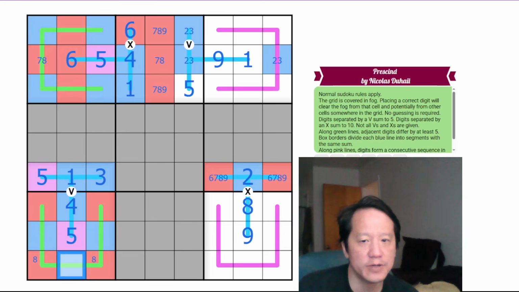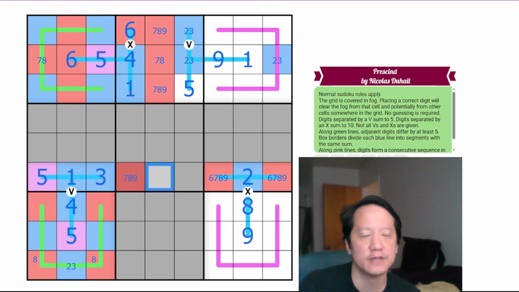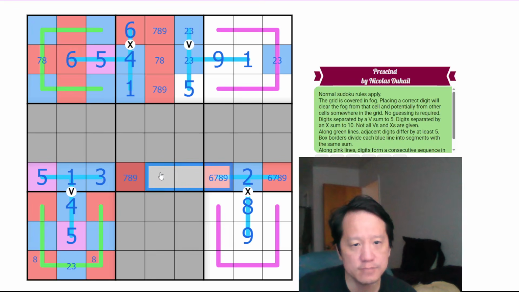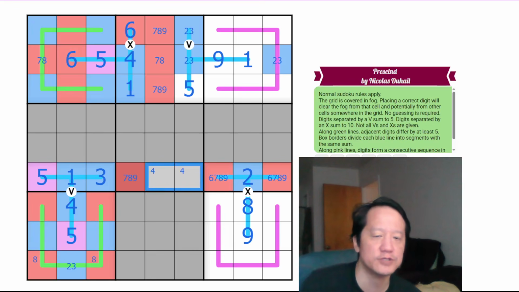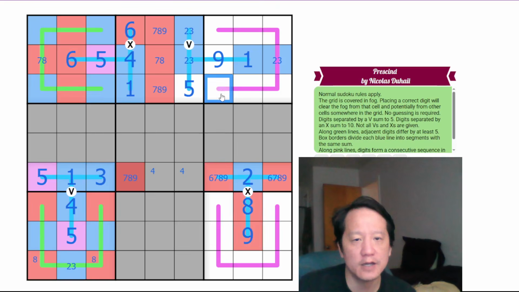This is low and is 2 or 3. 4 cannot be here, and cannot be 1 through 5 there, so this must be a high digit. And it's 7 through 9 there, then. So 4 has to be one of these two digits here. This is a low, obviously. These are both high. This is high.